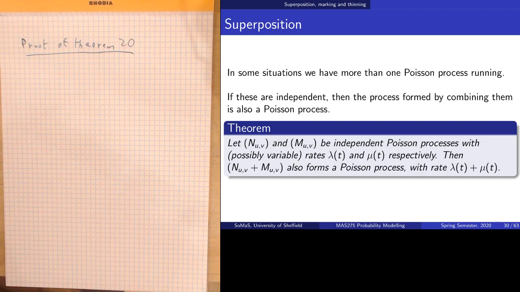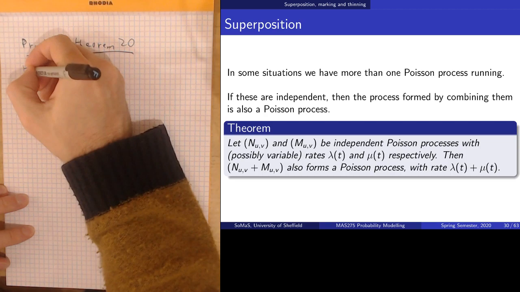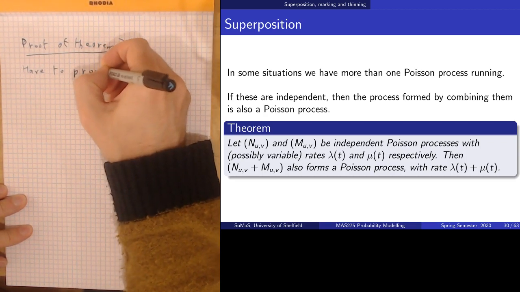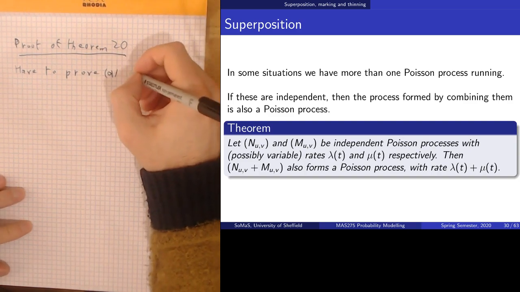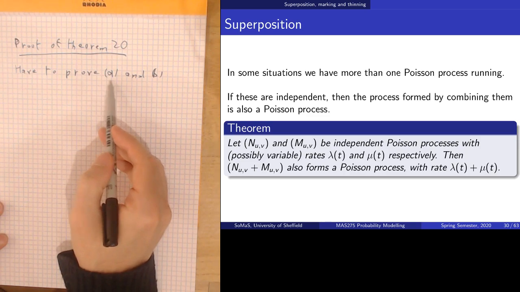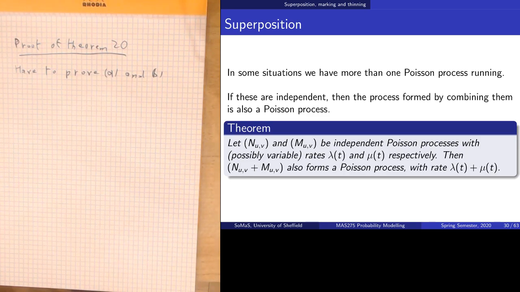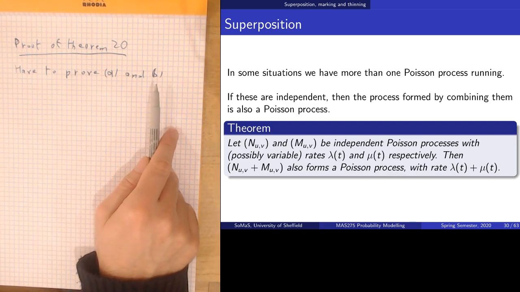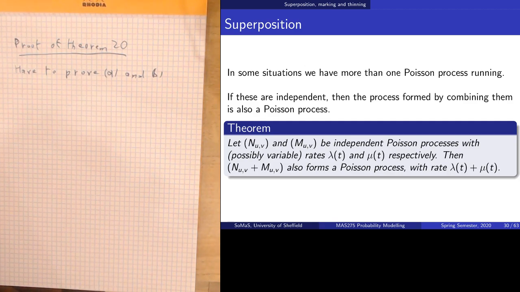So remember, we have to prove A and B. A is that the number of events between u and v is given by a Poisson variable with the parameter we're looking for, and B is that if we look at different intervals, then they're mutually independent.